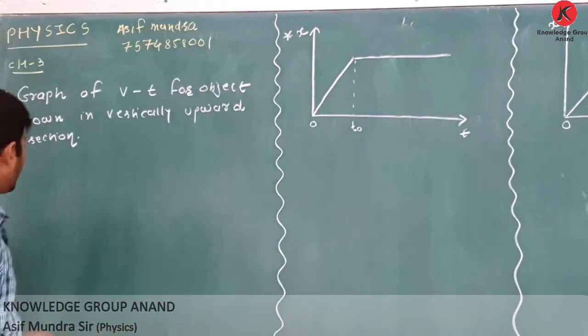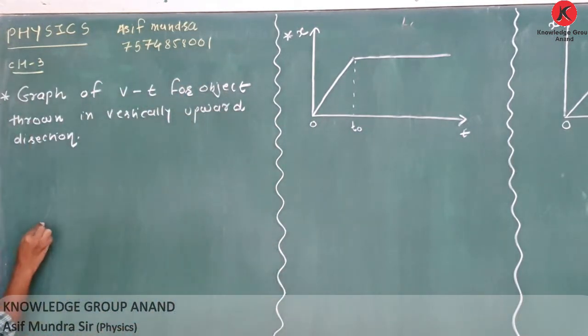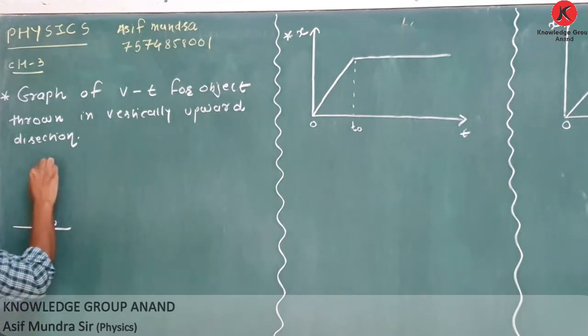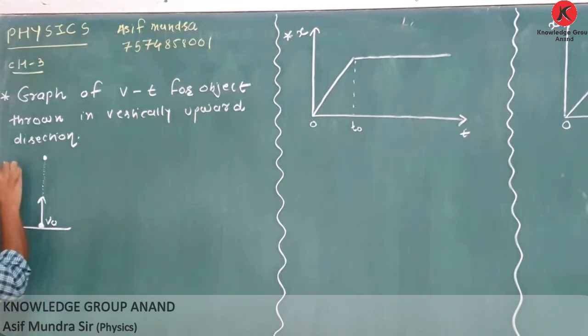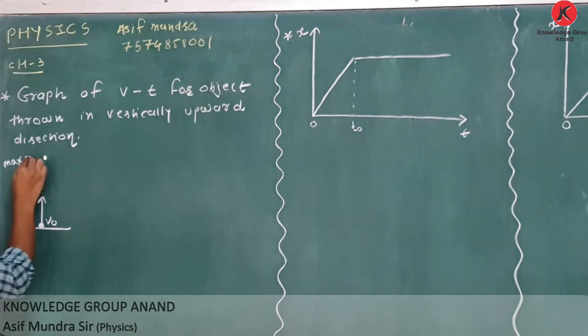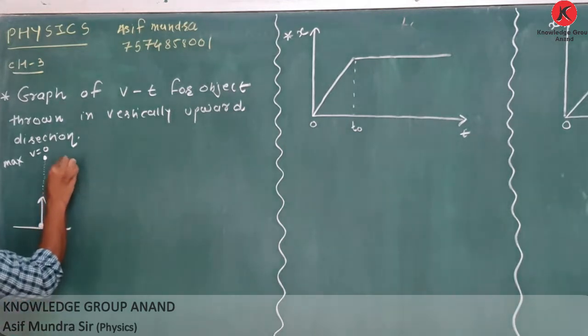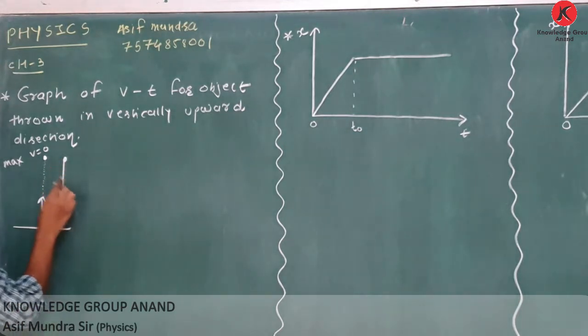So see what happens here. If an object is thrown from the ground with some initial velocity v0 in the upward direction, it moves upward. At maximum height, its velocity will become 0, and then the object will move in the downward direction.